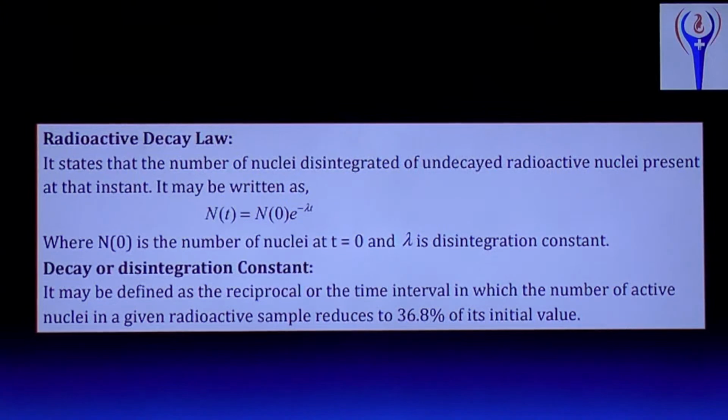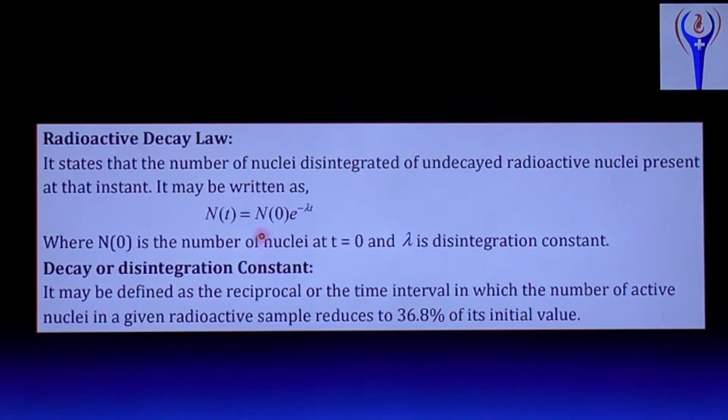Radioactive decay law. It states that the number of undecayed radioactive nuclei present at that instant may be written as N of t equals N0 e power minus lambda t. N of t is the number of undecayed radioactive nuclei present at time t.